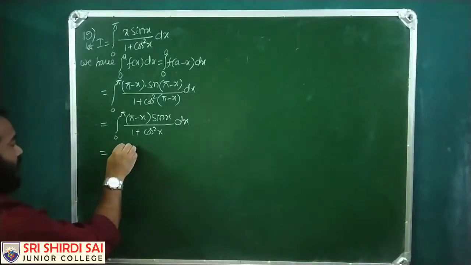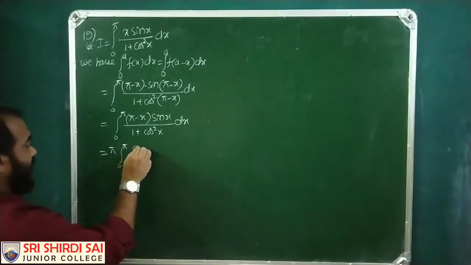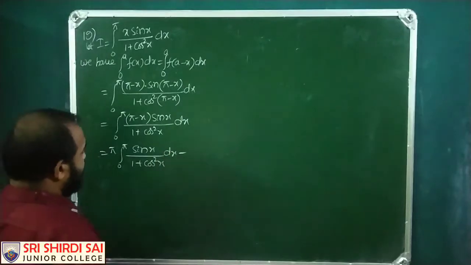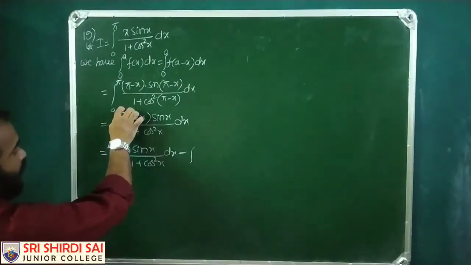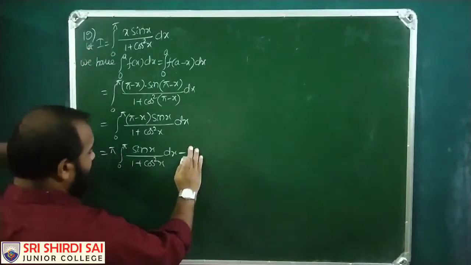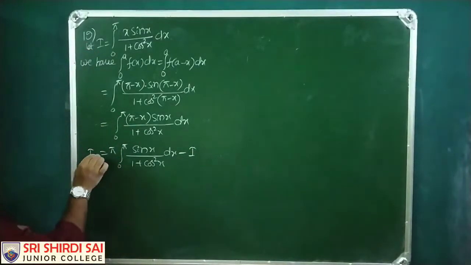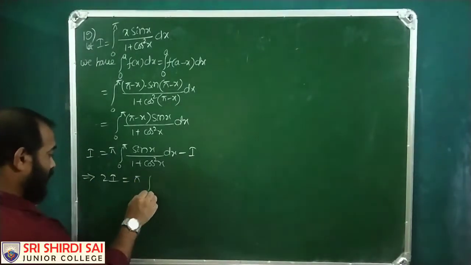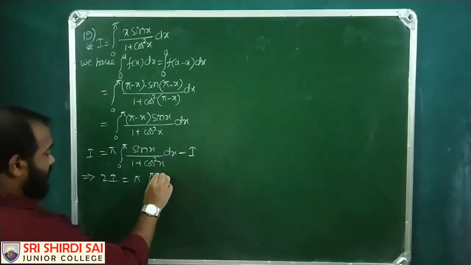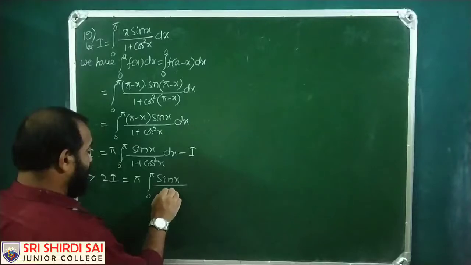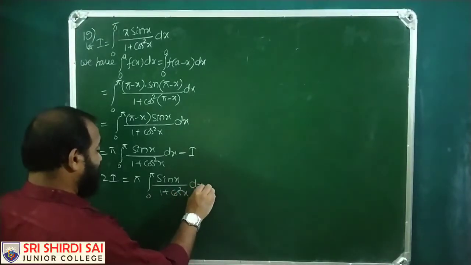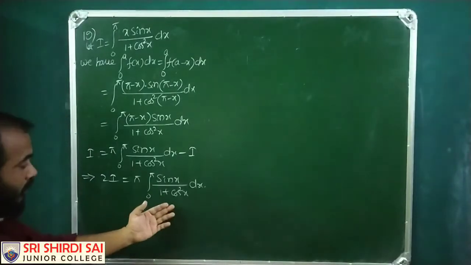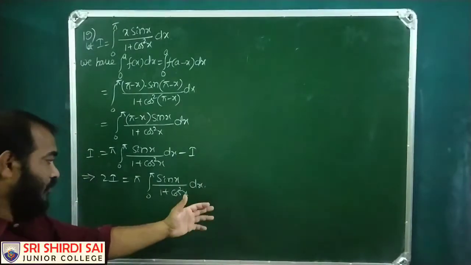So 0 to pi, so pi into sin x by 1 plus cos square x dx minus integral 0 to pi x sin x by 1 plus cos square x is I, therefore it is simply I. So this is equals to, so 2I is equals to pi into integral 0 to pi sin x by 1 plus cos square x dx. So from this, the same kind of problems that we have done earlier also, so it is the same.